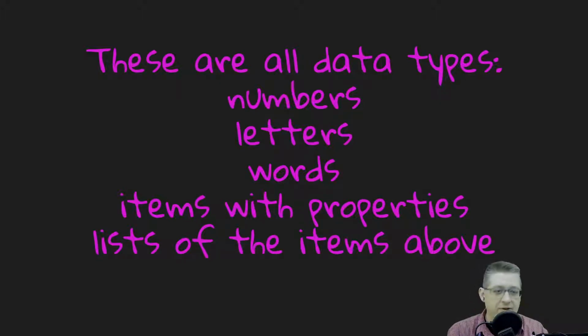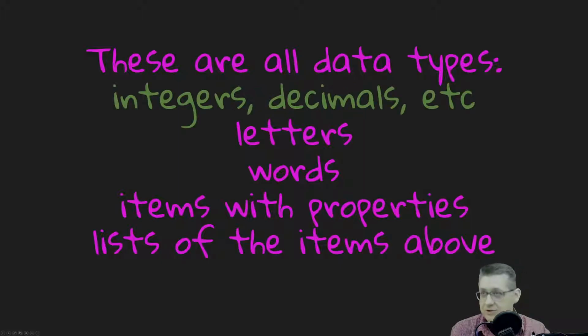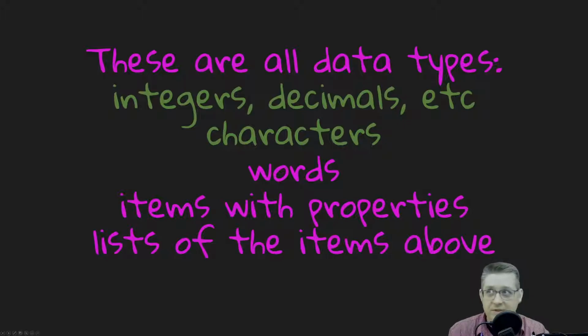And of course, we're developers and we require precision because computers are very, very picky. So typically we don't just call them numbers, letters, words, items, or properties. We've got technical terminology for all this. Numbers become integers, decimals, floats, doubles, singles, bytes, things like that. Letters turn into characters, typically abbreviated just char, C-H-A-R.